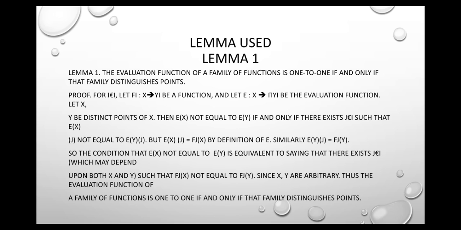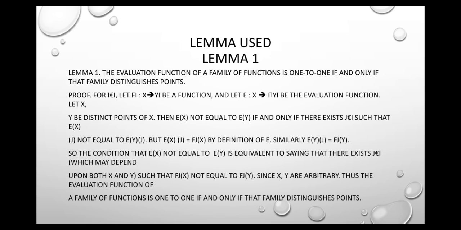Let x and y be distinct points of X. Then E of x is not equal to E of y if and only if there exists j belonging to I such that E of x of j is not equal to E of y of j.